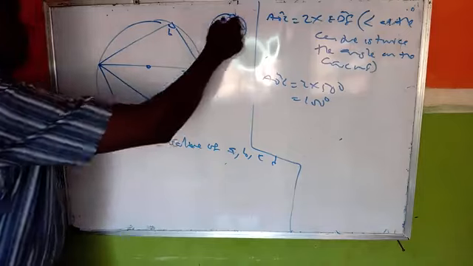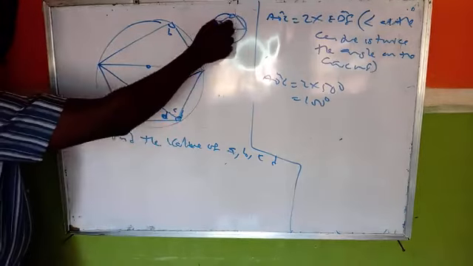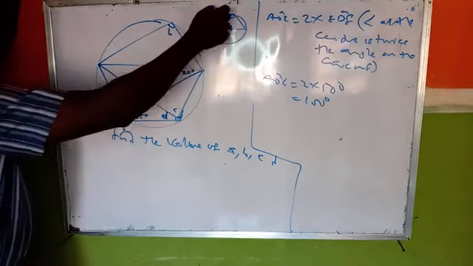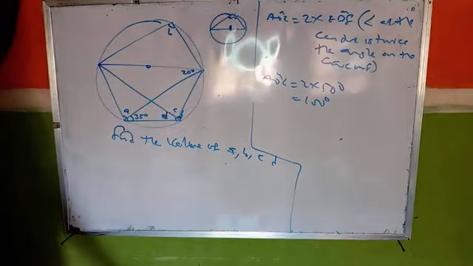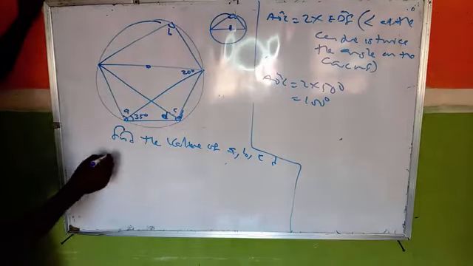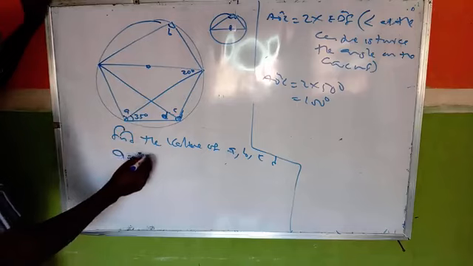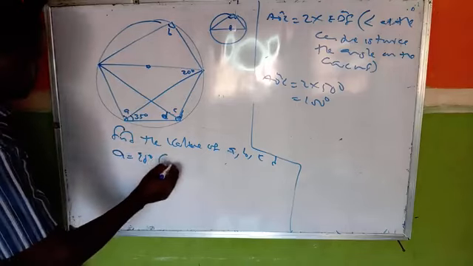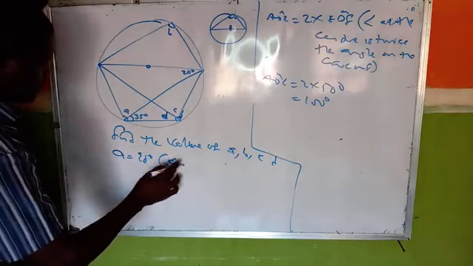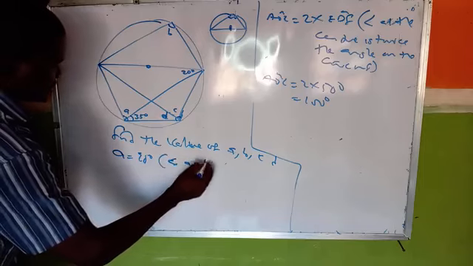This is the center of the circle, facing this place. So this one is what? Angle at the semicircle. So here, you can see that angle A equals 90 degrees. So you say it's angle at a semicircle.